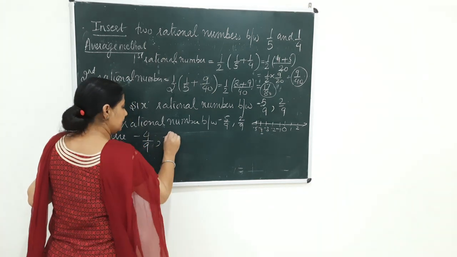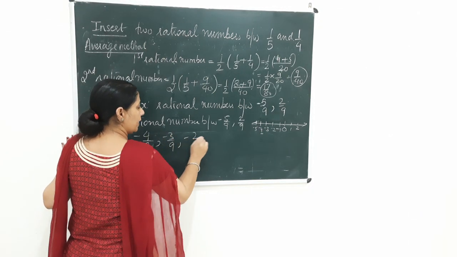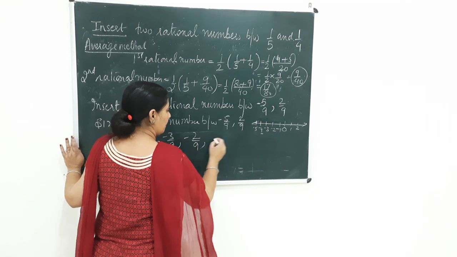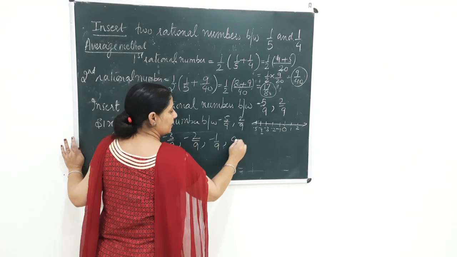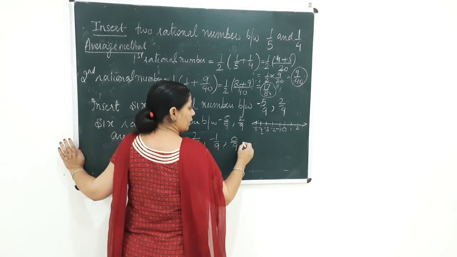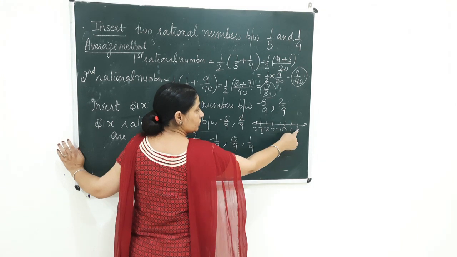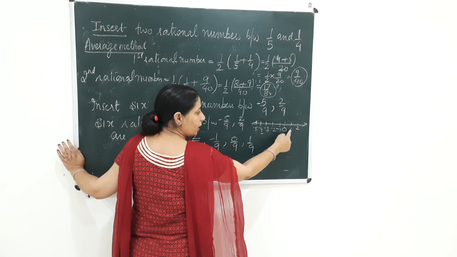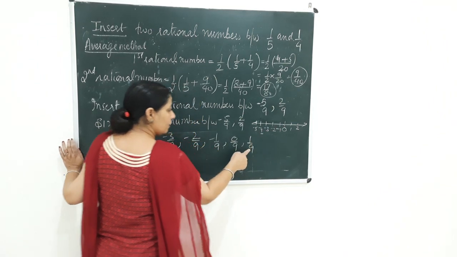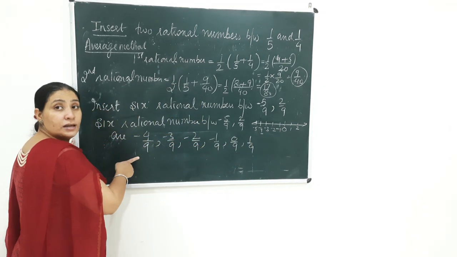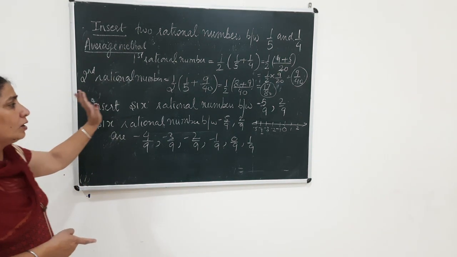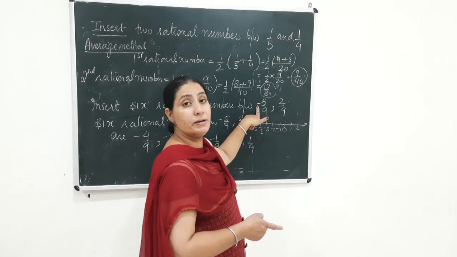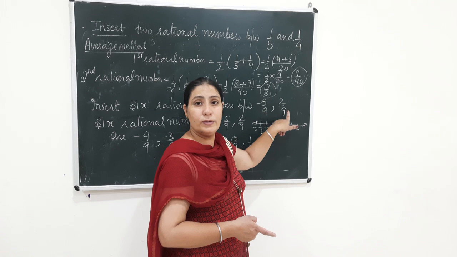Next, -3 by 9, -2 by 9, -1 by 9, 0 by 9, 1 by 9. Because 2 was already given, so you cannot take 2. So in between this 1, 2, 3, 4, 5, 6. These are the 6 rational numbers you have created beta between -5 by 9 and 2 by 9.